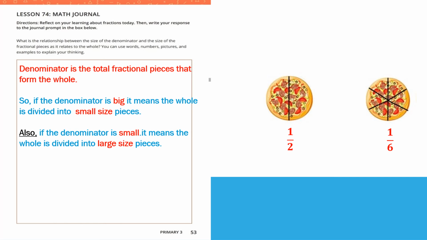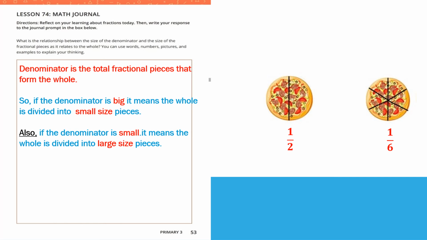Okay, so it means if the denominator is big, like 1/6, the denominator here is 6, it means the whole is divided into small size pieces. It means each piece is small, okay?